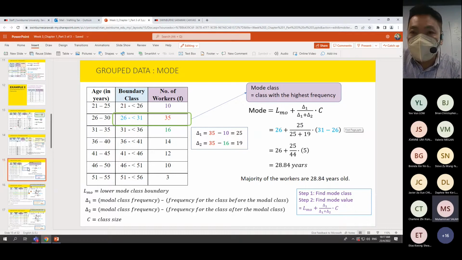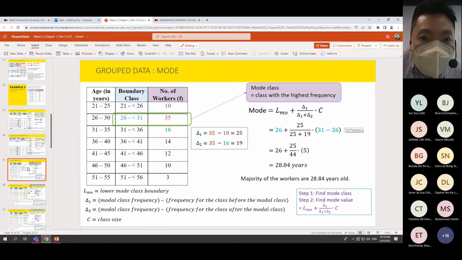Sir, can you explain triangle two again? Yes. Triangle two, you can refer to the formula description: the mod class frequency minus the frequency for the class after the mod class. This class is the mod class because it has the highest frequency, which is 35.